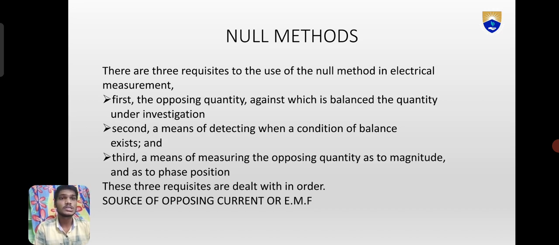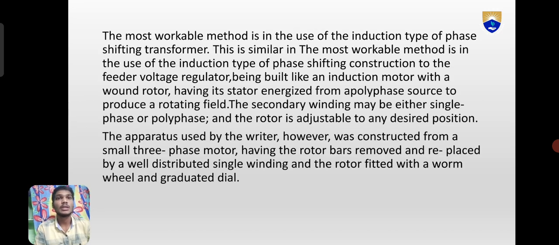Source of opposing current or EMF. The most workable method is the use of an induction type of phase shifting transformer. This is similar in construction to the induction type of feeder voltage regulator, being built like an induction motor with a wound rotor, having its stator excited from a polyphase source, producing a rotating field.